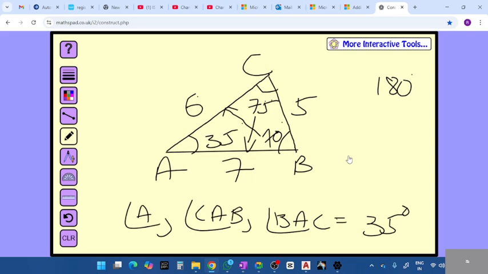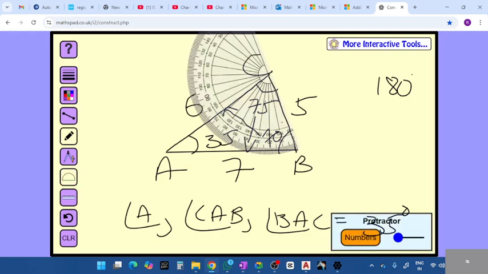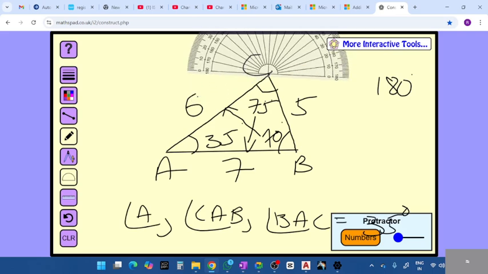I taught this almost 2 minutes back, right? Why did I write 35, 70, and 75 here? What are the measurements? Which device do we use to measure?